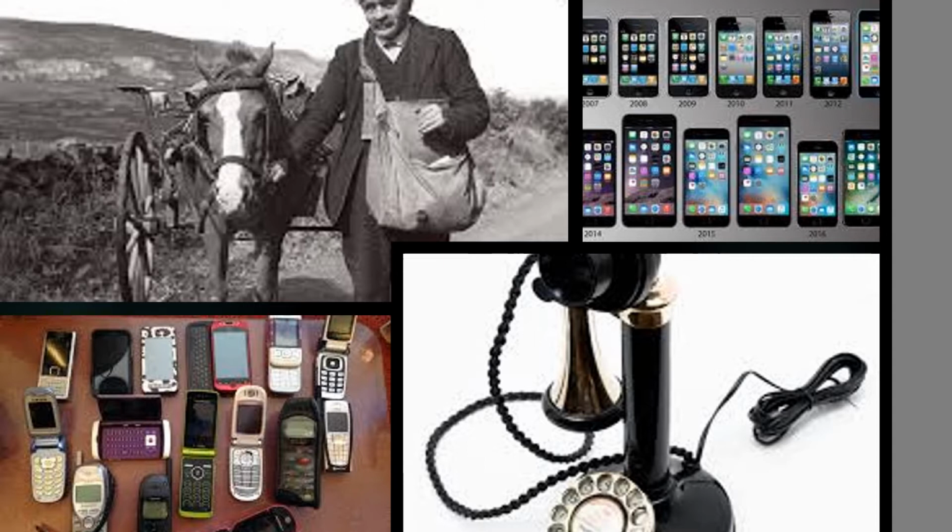Then consumer needs changed further. They needed something they could carry around and talk to other people. That's how cell and mobile phones came into the market. Consumer needs changed further. Consumers not only needed a source for passing on information, but also in a cost-effective manner. That's why we have Apple products, Android, and different applications where a message between two sources can be passed on with minimum cost.